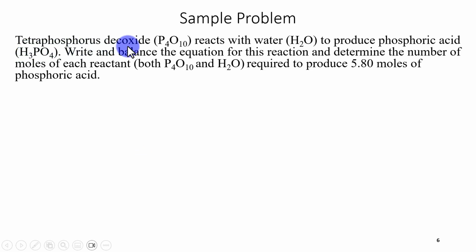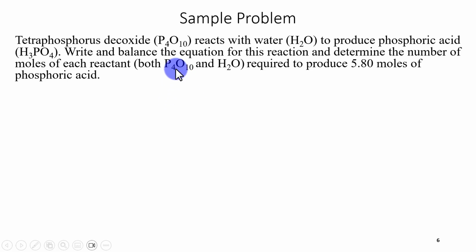You have tetraphosphorus decoxide, this molecule here, reacting with water, H2O, to produce phosphoric acid, H3PO4. So you have these two reactants that produce this product. Write and balance the equation for this reaction and determine the number of moles of each of the reactants, so both P4O10 and H2O, that are required to make 5.8 moles of H3PO4.